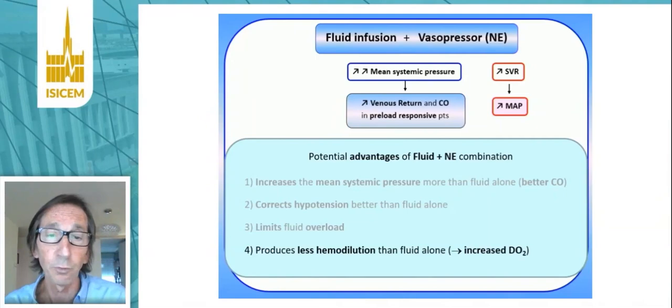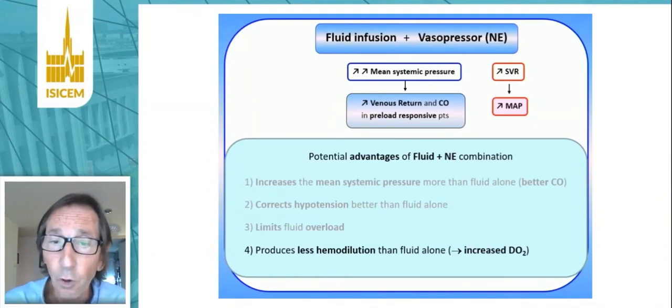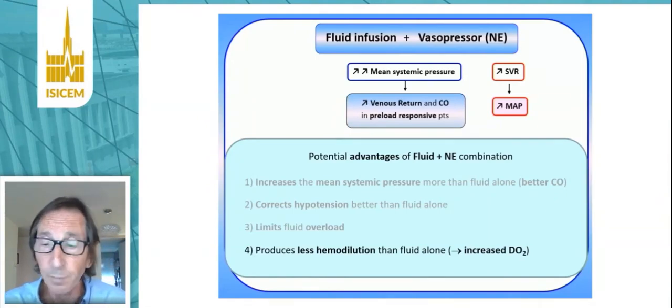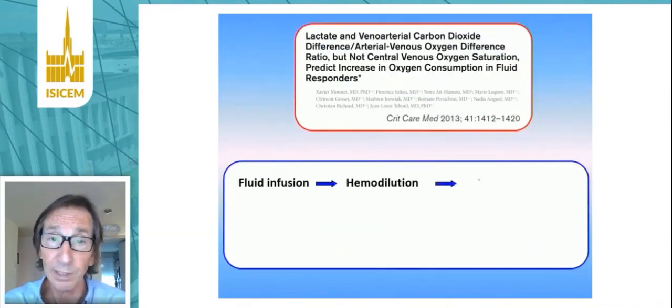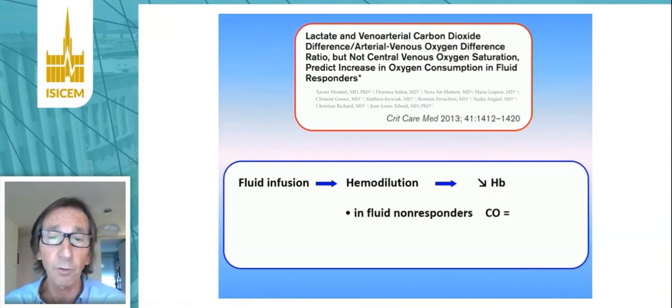The fourth advantage is to produce less hemodilution than fluid alone, and this can result in a better oxygen delivery. We know that fluid infusion can create hemodilution, can reduce hemoglobin concentration, as we showed in this study published some years ago with Xavier Monet and co-workers in our institution. Therefore, in fluid non-responders, where cardiac output does not change, we could have a decrease in oxygen delivery.